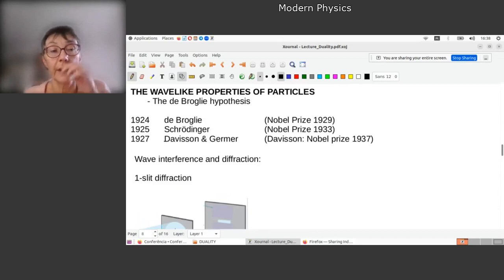And we are going to see the experiment of Davisson-Germer, and also Thomson, and this is the same year, 1927. These are two experiments where they show that this dual behavior is also true for particles. Both Davisson and Thomson won the Nobel Prize in 1937. I don't know why Germer didn't win the Nobel Prize together with them.